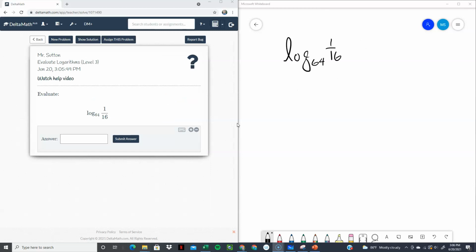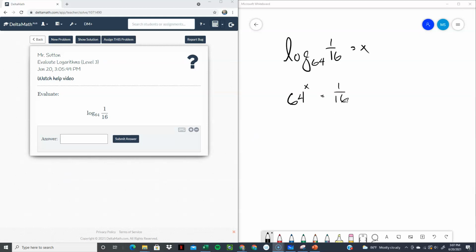So let's try another one using that common base method that they showed in Delta Math, because I like that. So we want to evaluate log base 64 of 1/16. So I'm going to rewrite this in exponential form. So 64 to some power equals 1/16. And I'm thinking they have a common base of 4, actually.